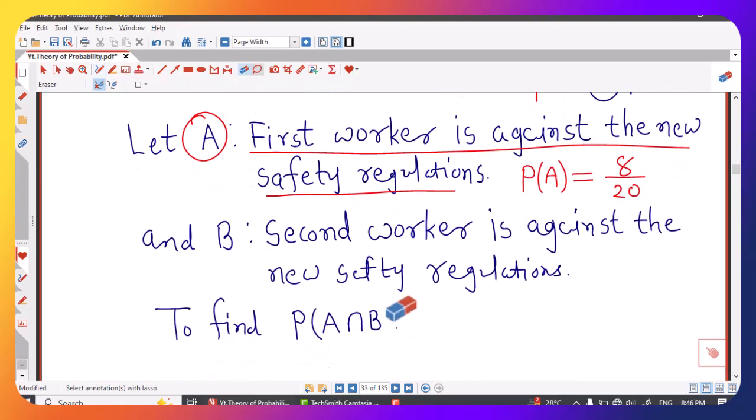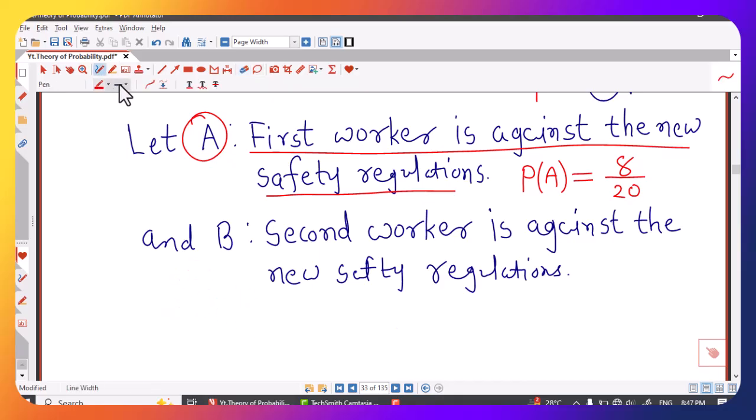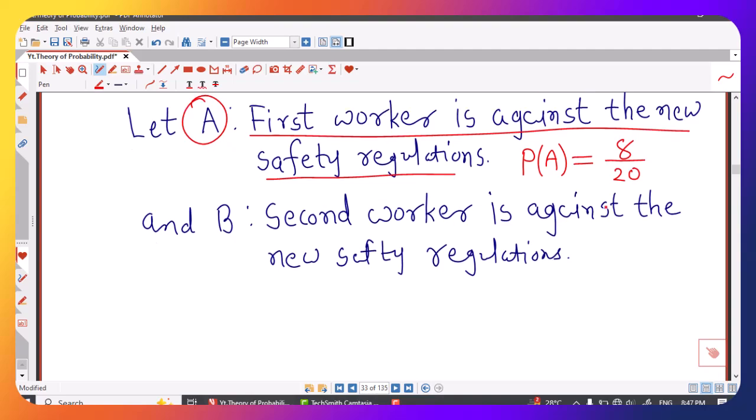Now whatever opinion we have taken from the first worker, we are not going to consider that worker again. So out of 20 workers, I have taken the opinion of the first worker selected in the first trial at random.